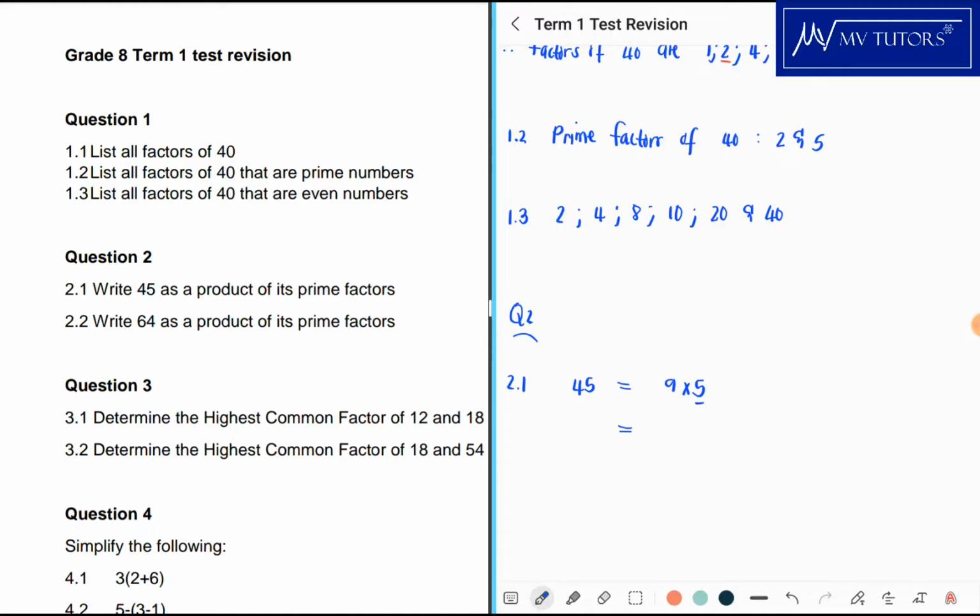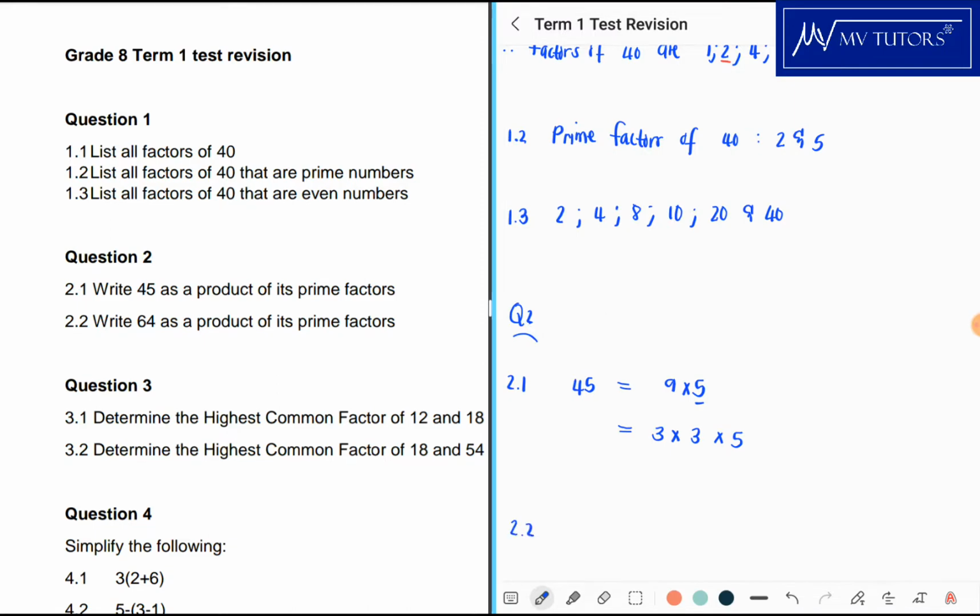If I write 9 as a prime factor, it is 3 times 3, and we get 5. Okay, so 3 times 3 is 9, times 5 is 45, or you could have said 3 times 5 is 15, and 15 times 3 will give you 45. Okay, so that is 45 as a product of its prime factors.